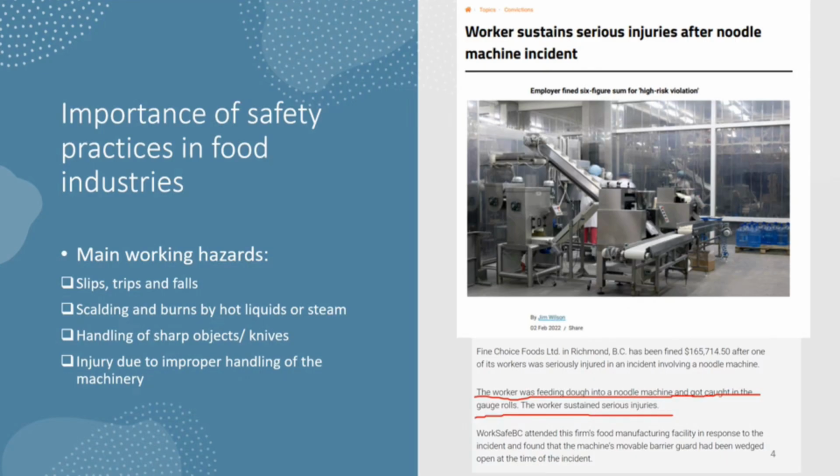So in this case, the company was fined very heavily for not following some of the important safety practices. But I think as employees ourselves, we should also be aware of the potential safety hazards at work and know how to protect ourselves from them.